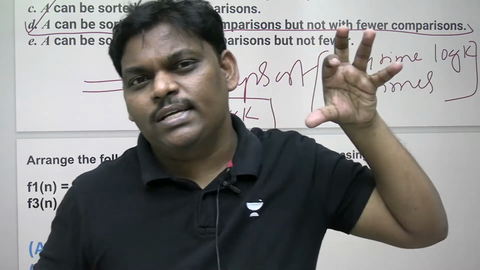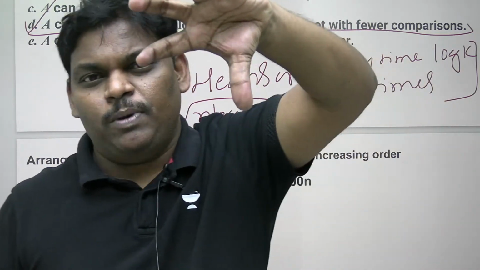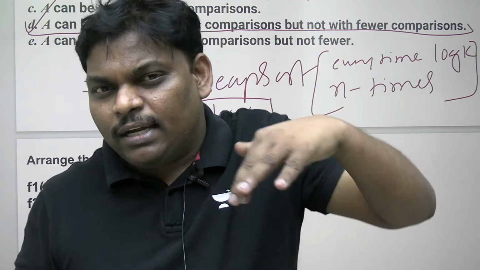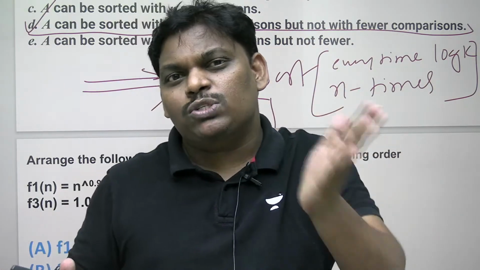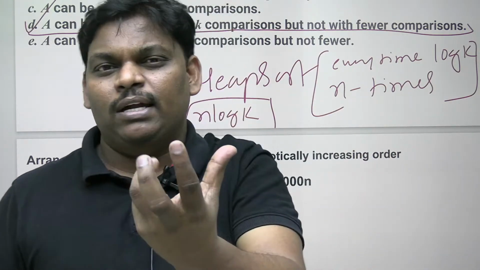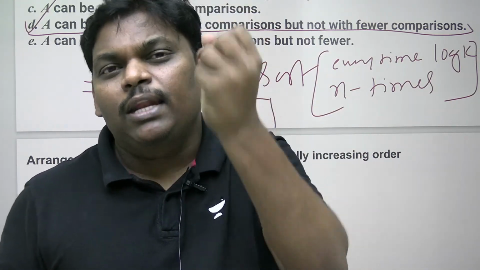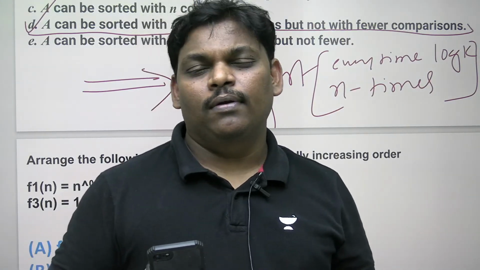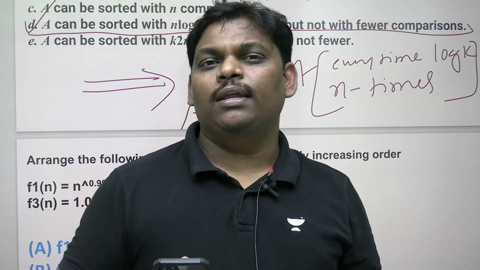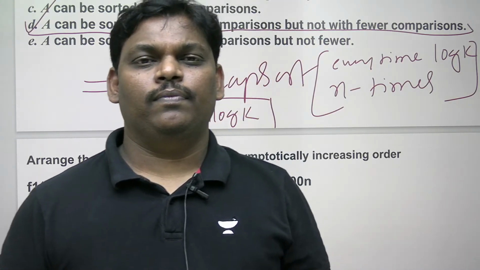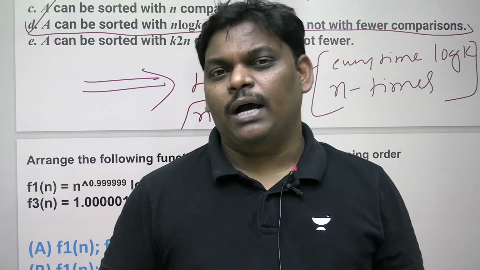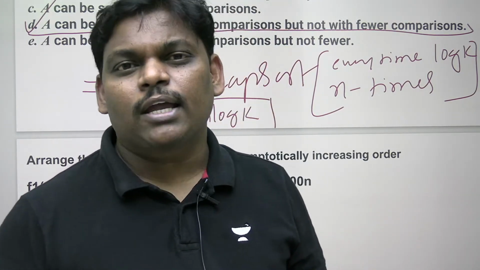So what you do is, take the first k people, from the first place until k, and create a min heap. Don't create a min heap for all the people. After creating it, delete one time, and you get the first minimum.